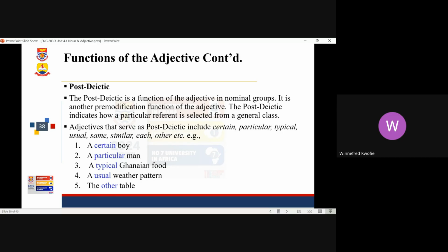You could have said a boy, a man, a Ghanaian food, a weather pattern, the table, but then we added the post-deictic to make the pointing clearer.